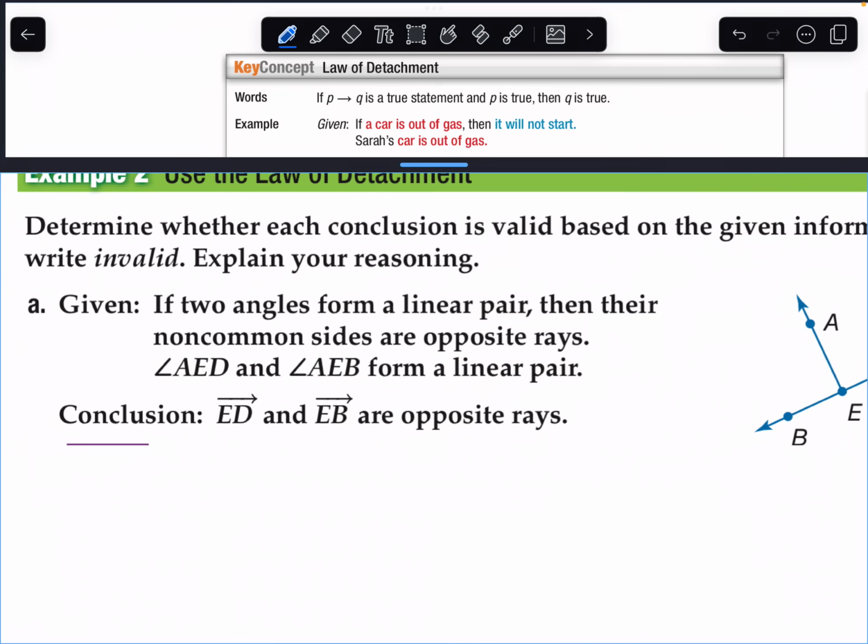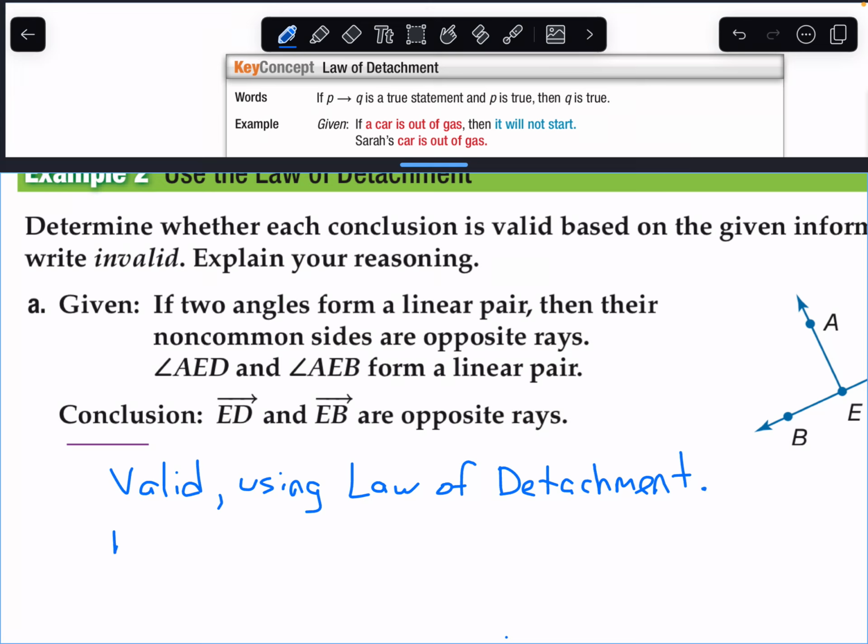So then this is valid using law of detachment. Why?